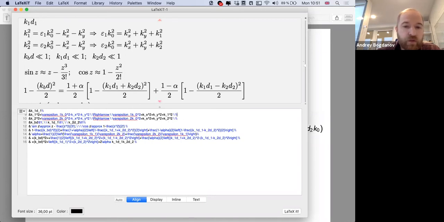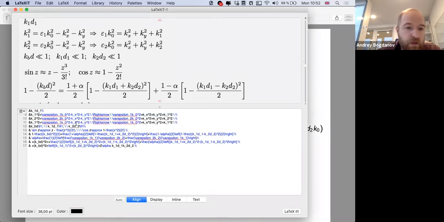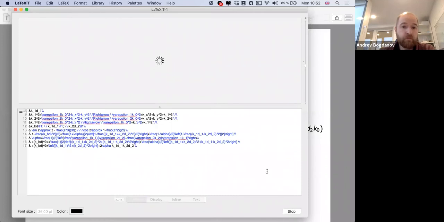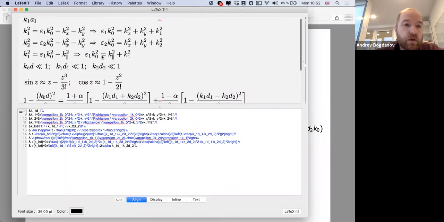And I would like to write this component in the following form, like here, just minus k parallel, and here also k parallel, like here. Please have a look.